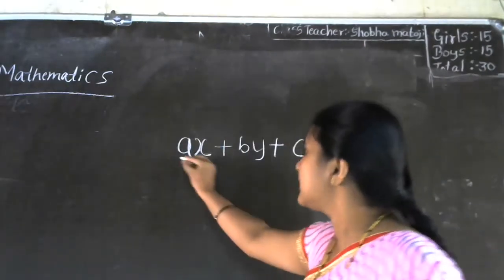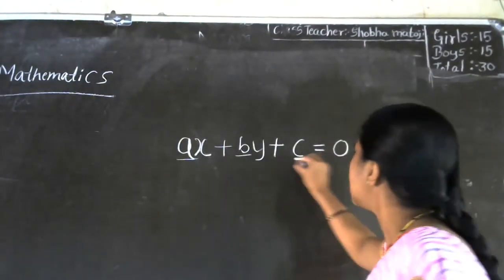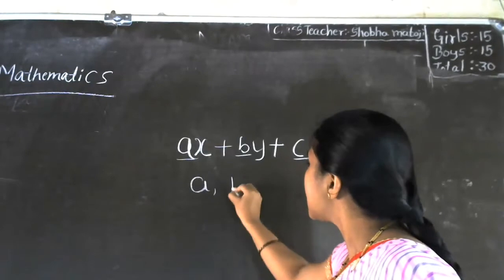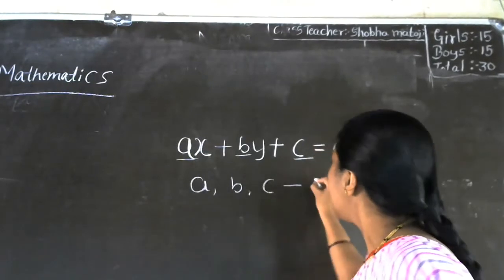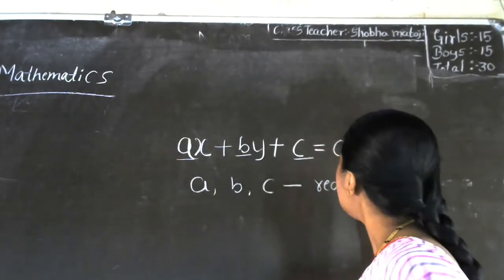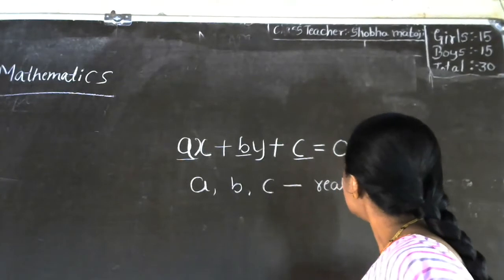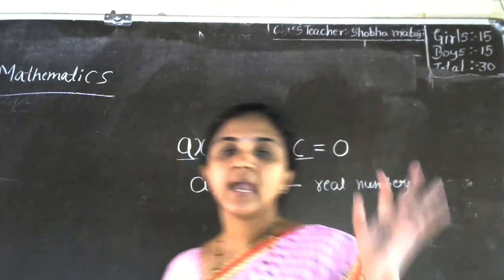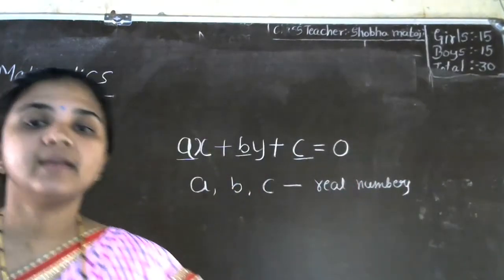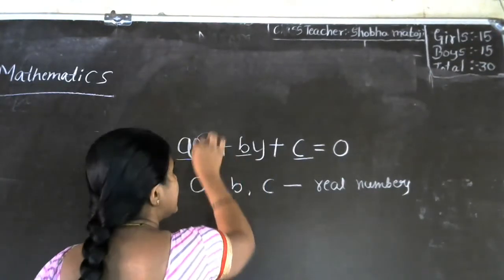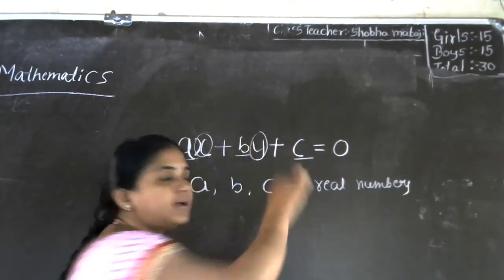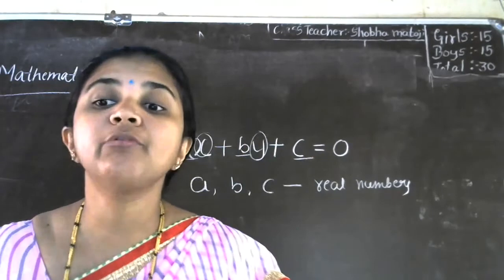Okay, so here a, b, c. What do we call these a, b and c? In this linear equation, a, b, c are real numbers. Are you observing x and y here? So x and y are variables.